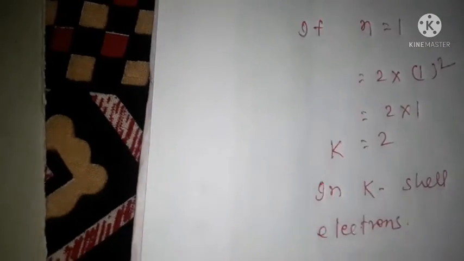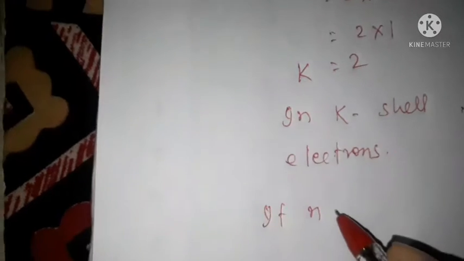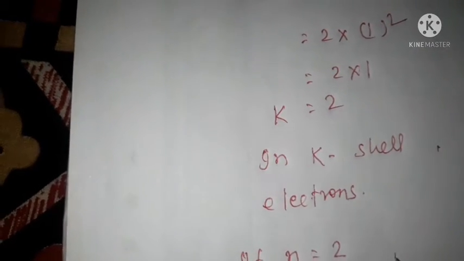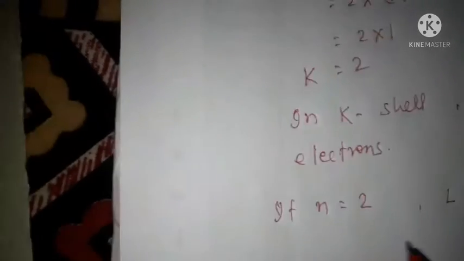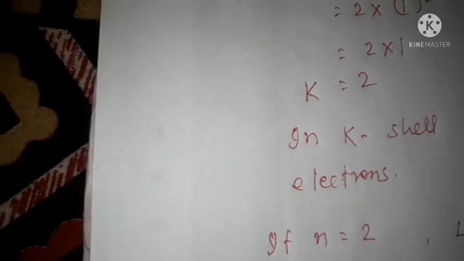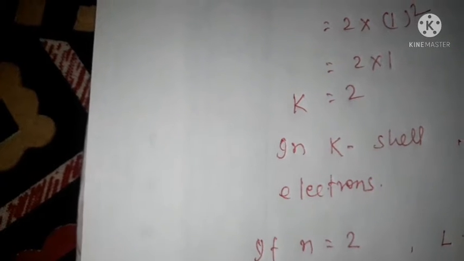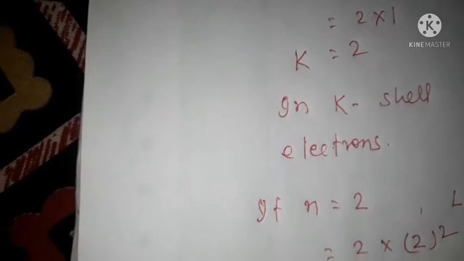In this way, if n is equal to 2, that means L cell. Now using 2n squared, we can calculate it. 2 into 2 square.